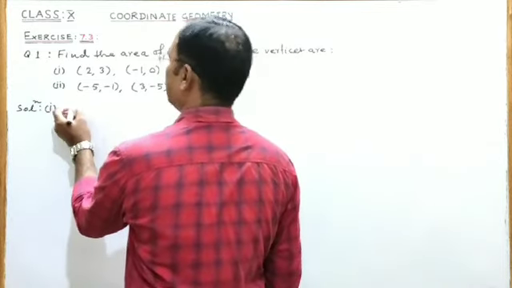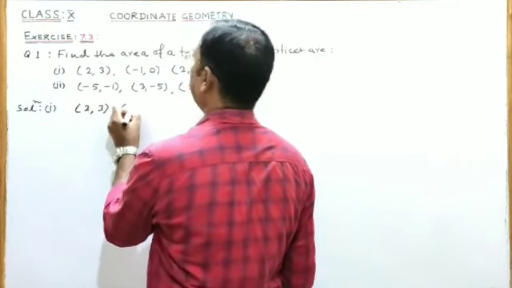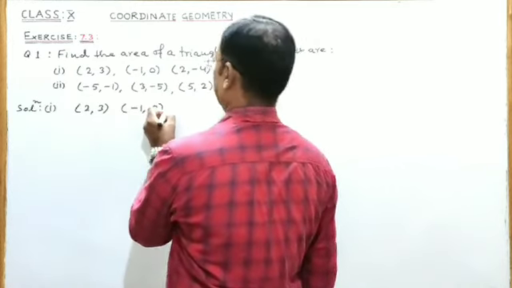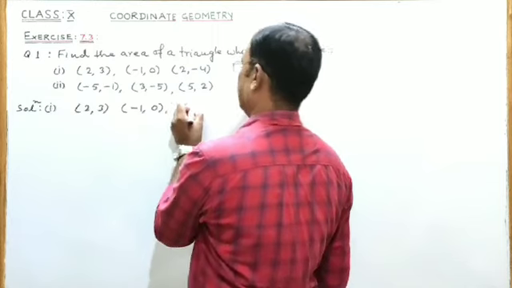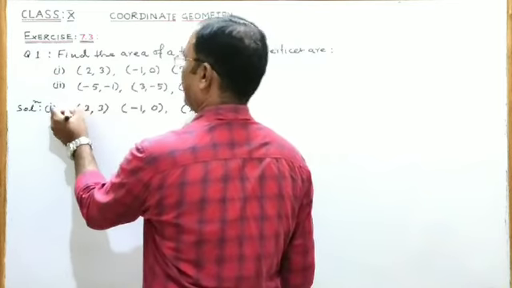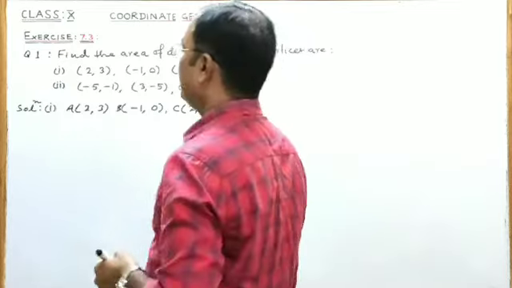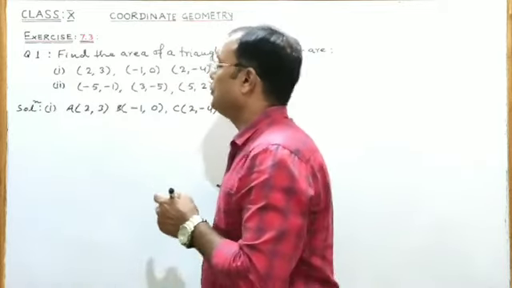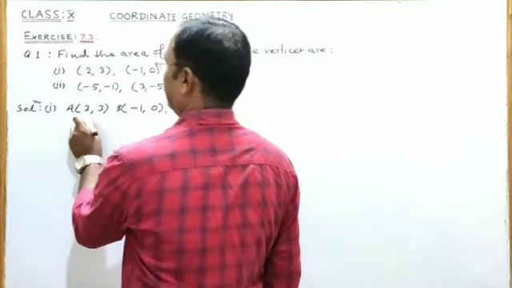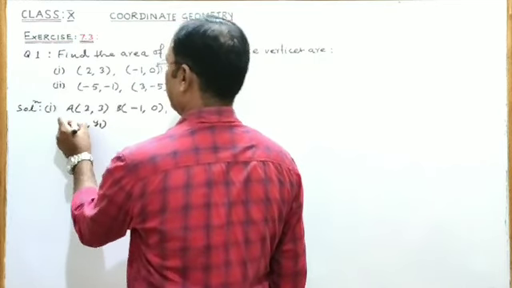So let the three vertices be like this: 2, 3, minus 1, 0, and 2, minus 4, points A, B and C. So three vertices of triangle whose coordinates are given are A, B and C. First vertex is A, 2, 3, so let it be x1, y1.